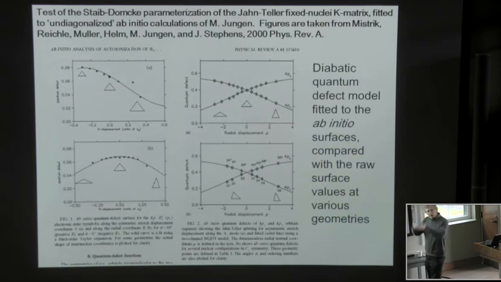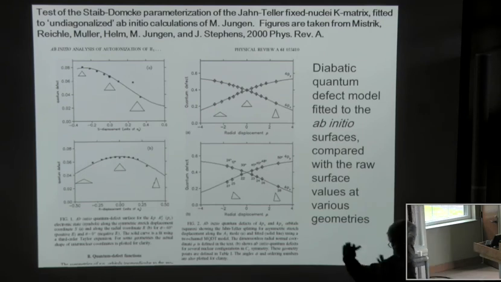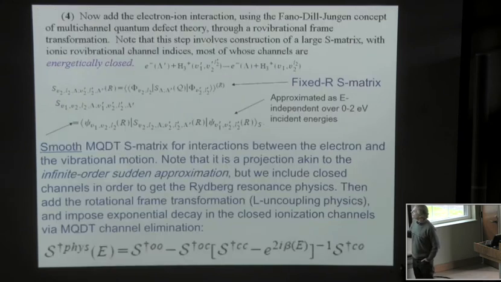Ideally, though, one would, in principle, one day be able to take a code like Jonathan Tennyson's or Vince's or Mesa, one of these codes that we've heard about here, and really do an honest scattering calculation for all the fixed-nuclei properties.